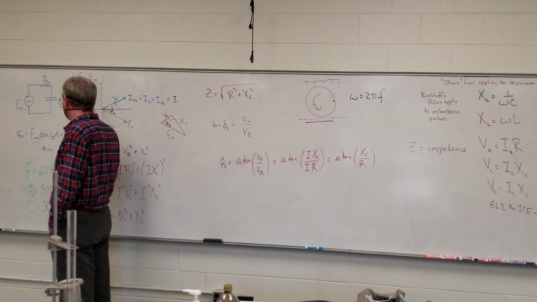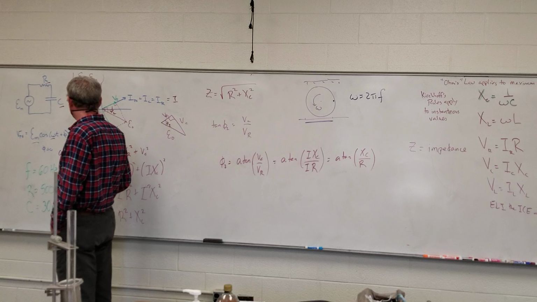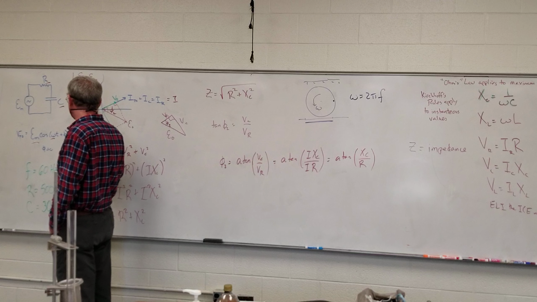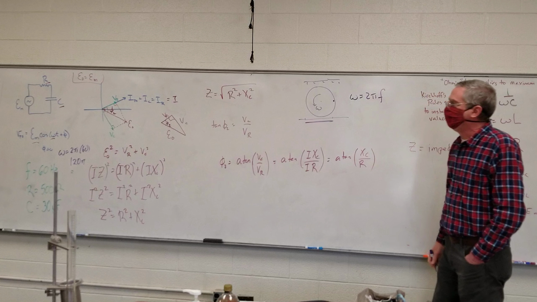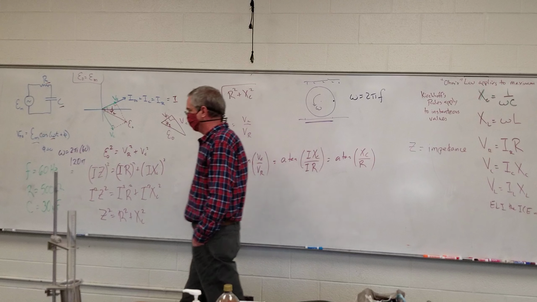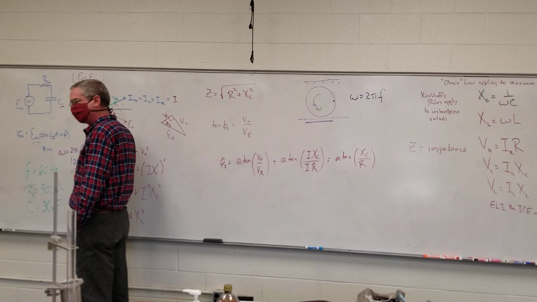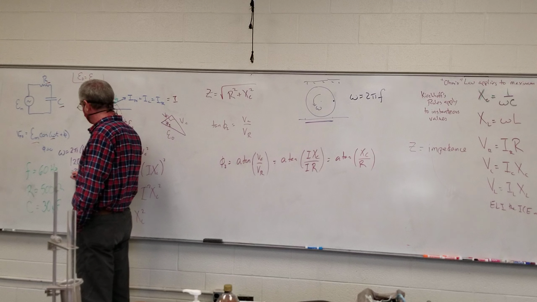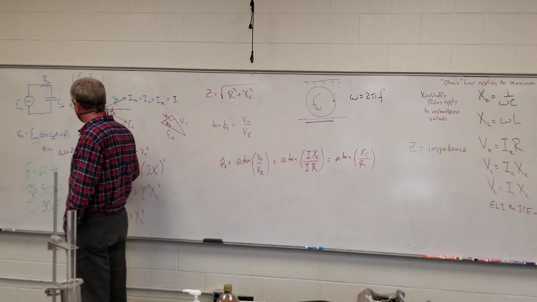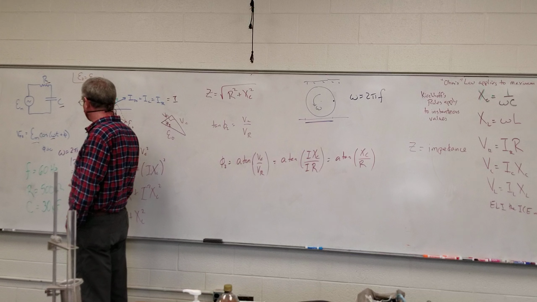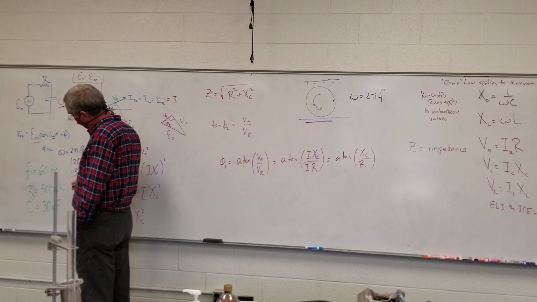So angular frequency is 2 pi times 60, or 120 times pi, which is 376.9. Well, almost 377 because it's 0.99. The units are radians per second.